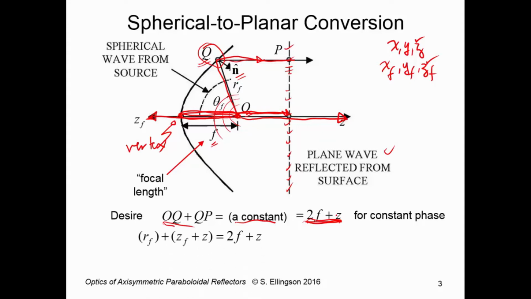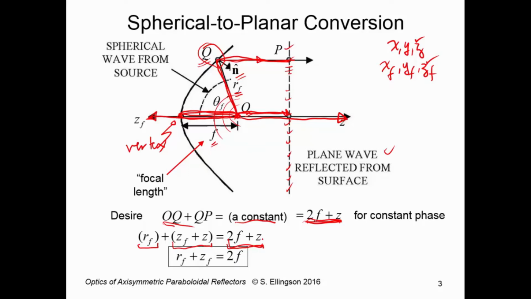So I can write this out in a little bit more detail. This distance here from the origin to the point of reflection we'll call r sub f. So that distance from the origin to the point of reflection, r sub f, plus z sub f plus z, then must equal 2f plus z. So this distance and then this distance must equal 2f plus z in order to have a plane wave in reflection.